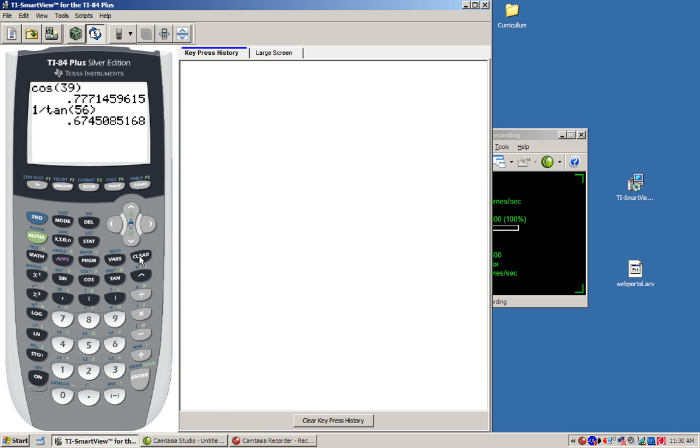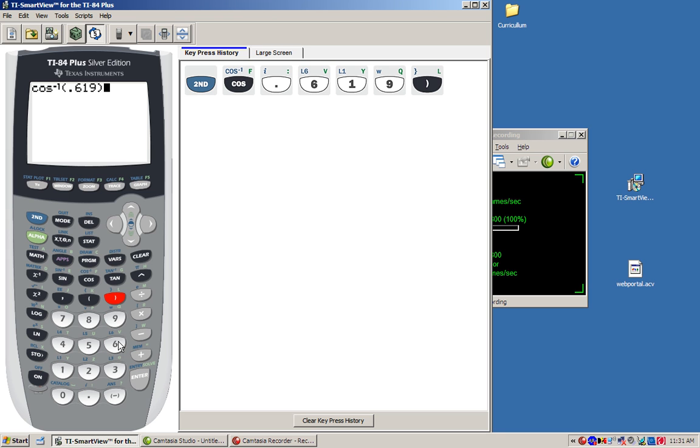Okay. If you notice above, you've got your arcs here. So all I'm going to do is press second cosine and plug in my decimal. It was 0.619. Close my parentheses. And what angle gave me that? Well, it was 51.75, blah, blah, blah.